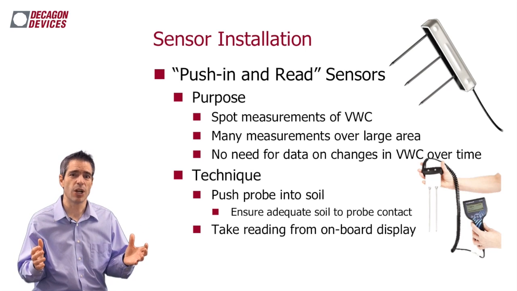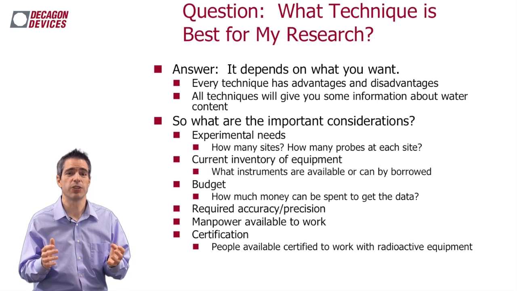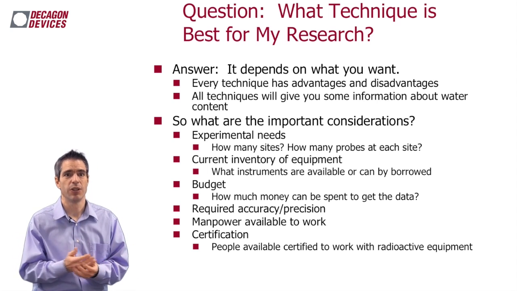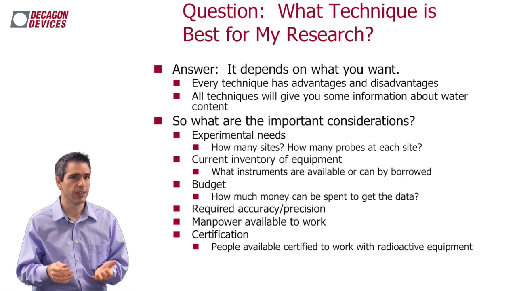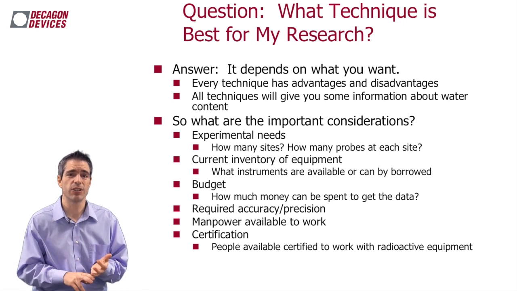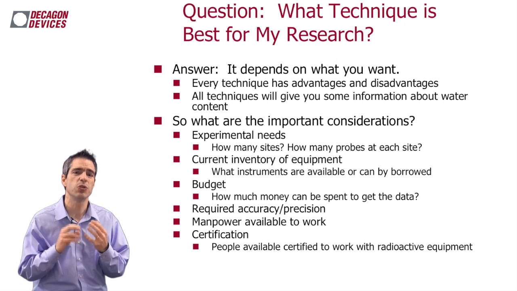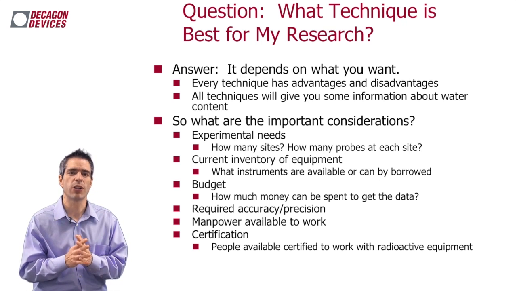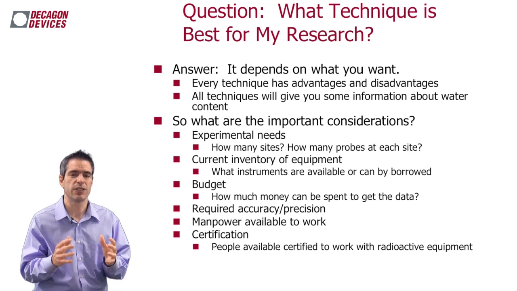So it often comes to me, hey, what should I use in my experiment? What technique is best? Well, my answer is always, it depends on what you're trying for and what you want. Every technique I've talked about has advantages and disadvantages, and you can get volumetric water content, or even gravimetric, of course, from that technique.